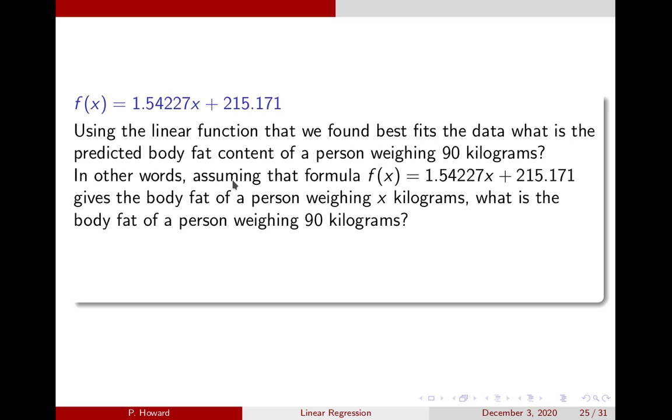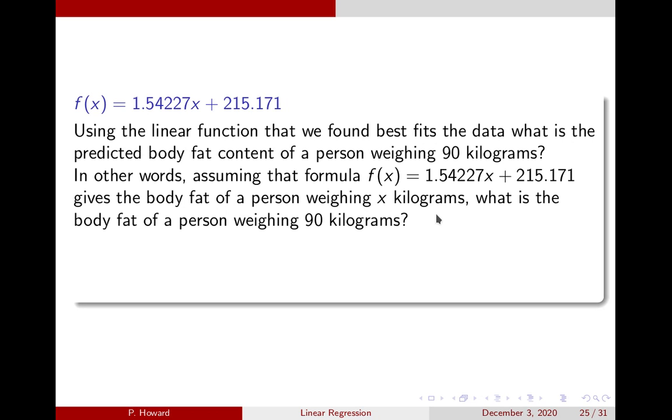In other words, assuming that this formula, f of x equals 1.54227x plus 215.171, gives the body fat of a person weighing x kilograms, or at least approximates it, what is the body fat of a person weighing 90 kilograms?